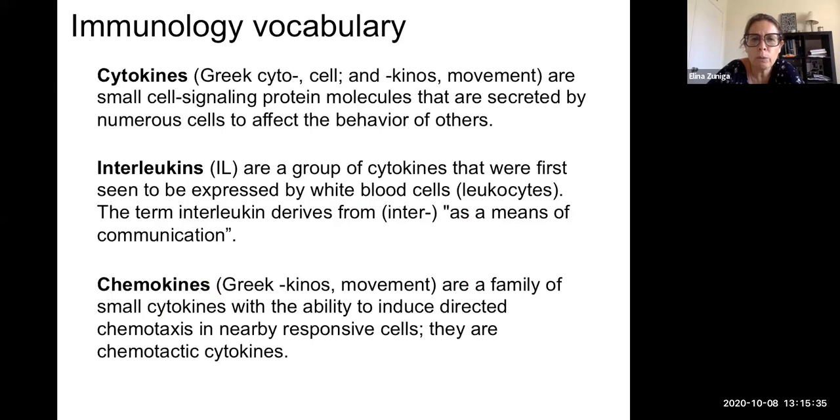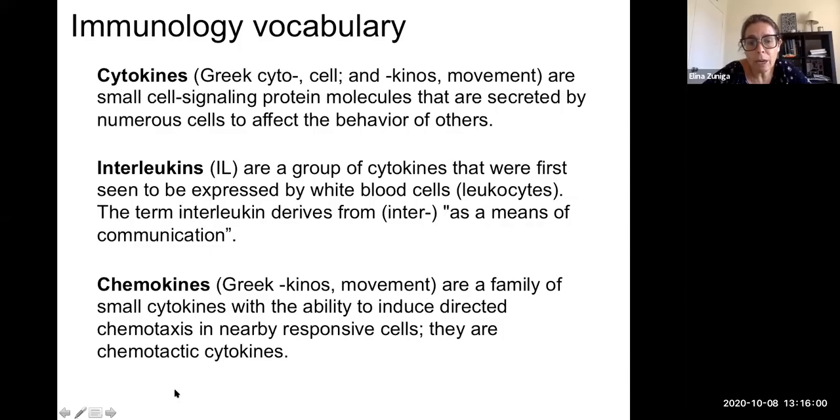The word derives from the Greek cyto, meaning cell, and kinos, meaning movement. They are small cell signaling proteins or molecules secreted by numerous cells to affect the behavior of other cells. So they participate in cell-to-cell communication, basically.